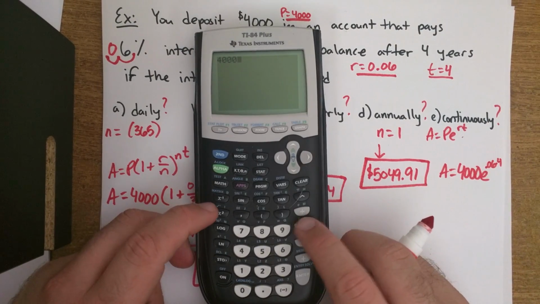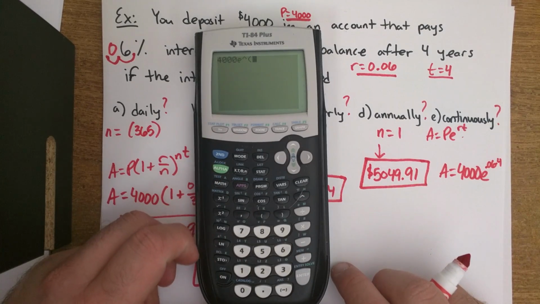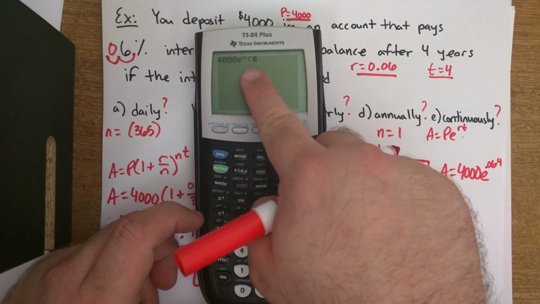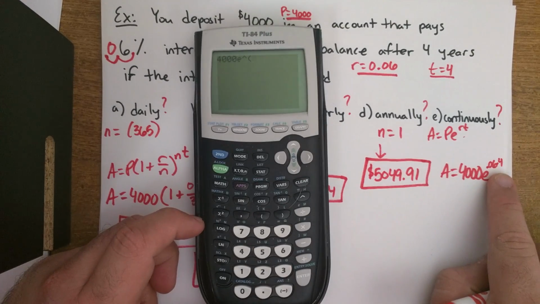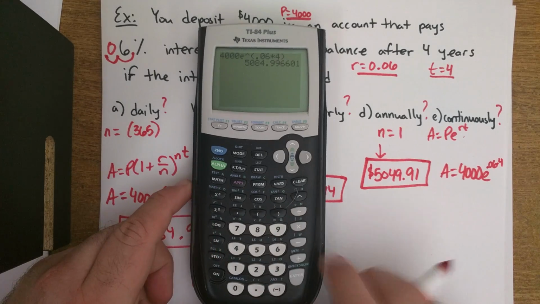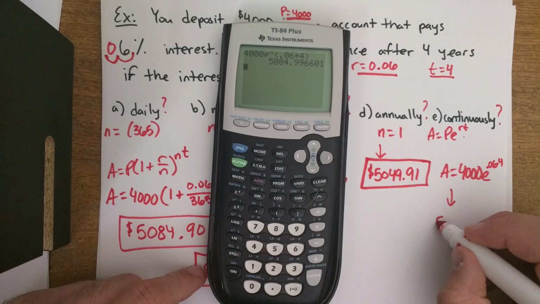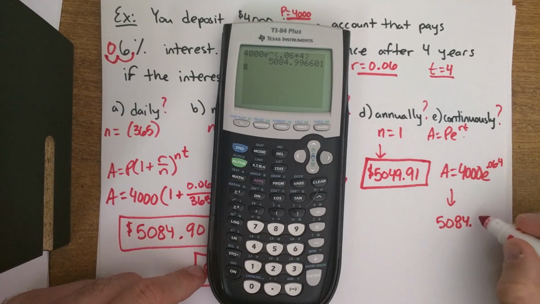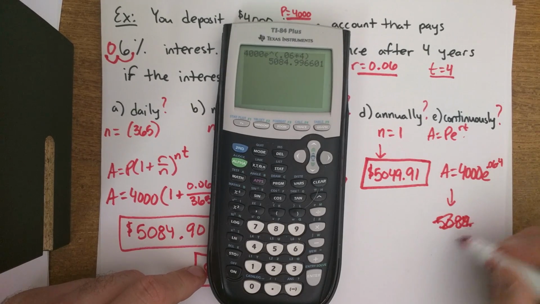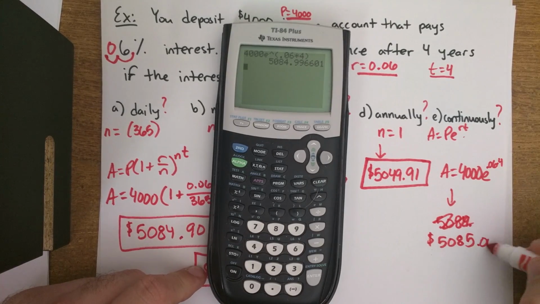You have 4,000. Hit second ln. And then, so you have 4,000 e to the power of, and then 0.06 times 4. So we get 5,084 point. Actually, that would just pretty much be 5,085, wouldn't it? And 0 cents, we'll say.